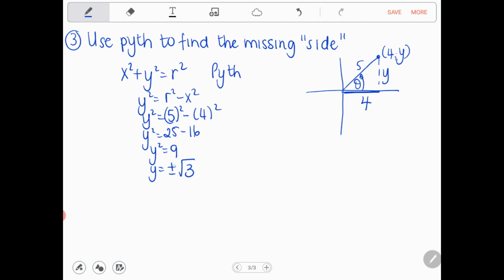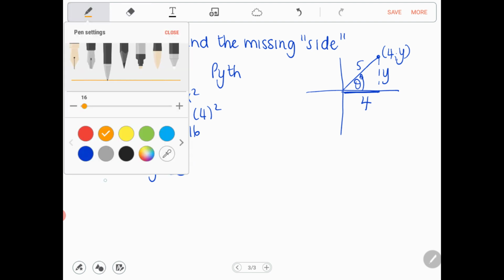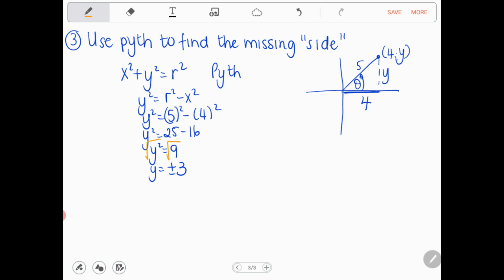Okay, remember when we square root, we get a plus or minus 3. We're square rooting both sides there. Now, x and y we showed yesterday can be positive and negative. r is always positive. So I've got to check.